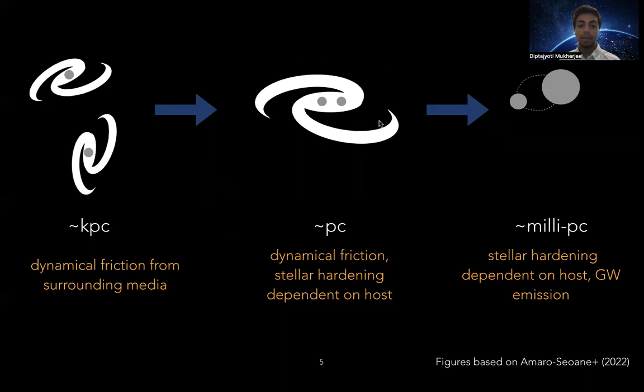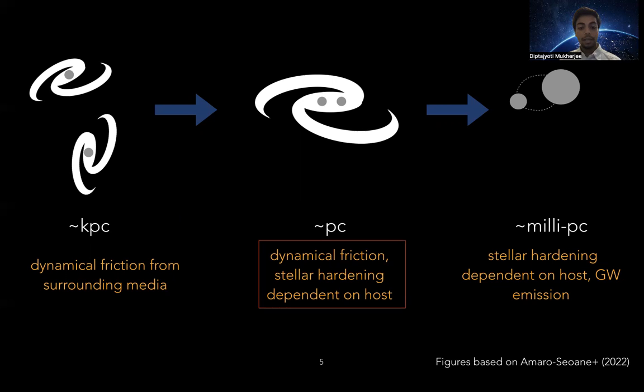After that, once the bound binary forms, the evolution takes place not just due to dynamical friction, but due to stellar hardening, and it's very sensitive to the environment in which this binary is present. After further hardening, we can reach down to milliparsec scales, where dynamical friction is inefficient, and we evolve because of stellar hardening and gravitational wave emission.